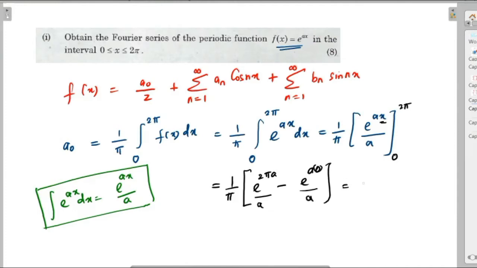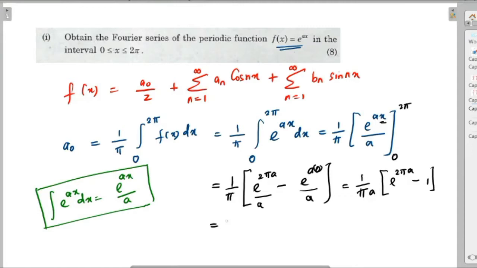So you can take a as a common term, and from that you make it 1 by pi a e power 2 pi a minus 1.